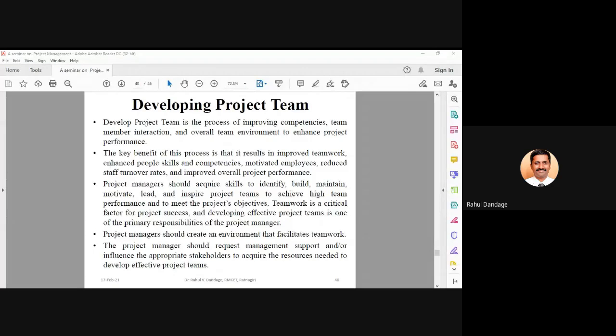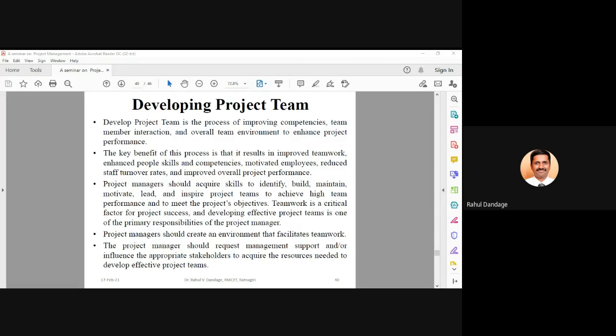So they should encourage each other, they should help each other, and likewise there should be a healthy team environment, so that teamwork becomes an essential and critical success factor for the project.